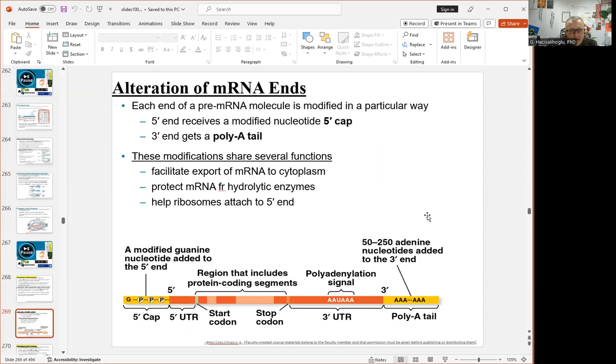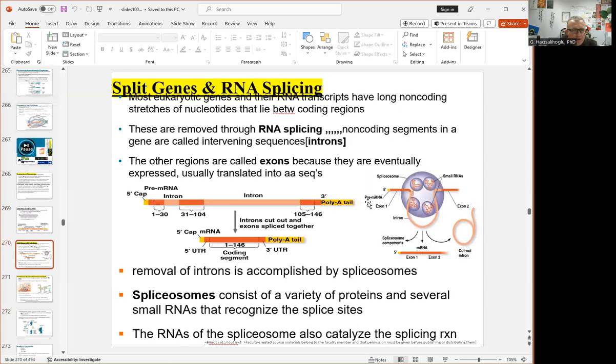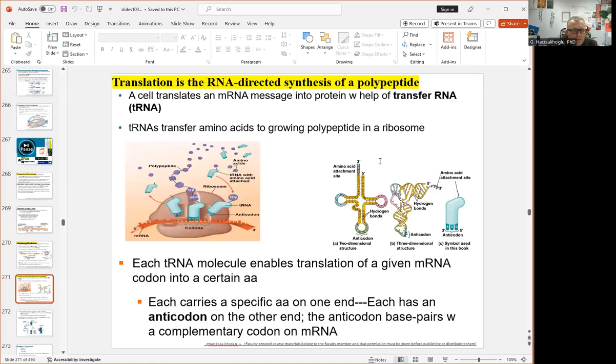Two things are added here, and we already talked about it. There's something called RNA splicing, which is getting rid of these introns. Remember, introns are the non-coding parts of the RNA.